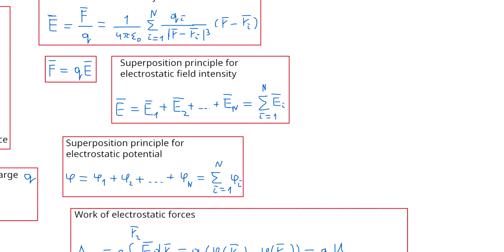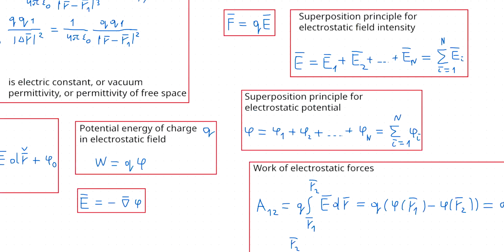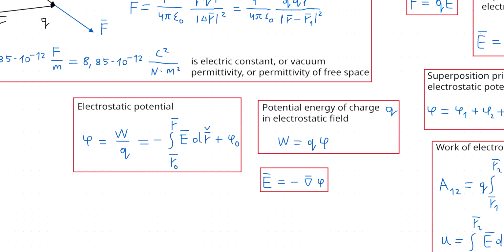Of course, it is more convenient to work with scalars than with vectors. So if it is possible, we should always define the electrostatic potential and work with it.